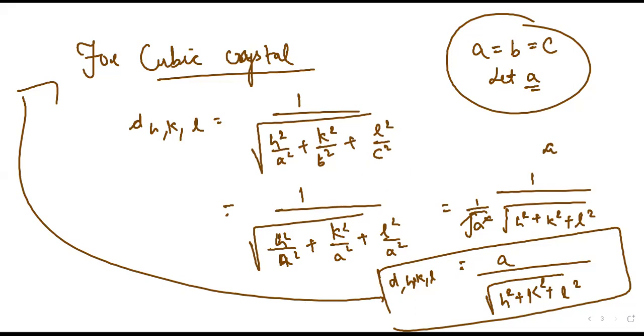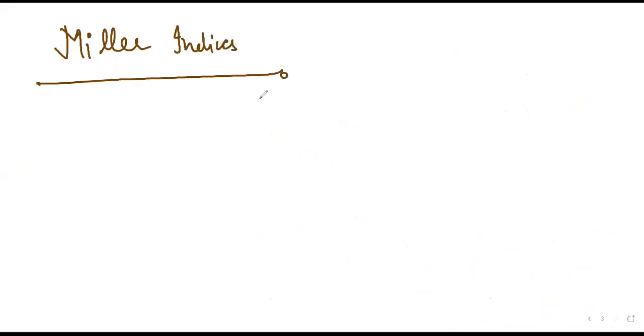Okay. So now, again, I am going to cover a very important topic for numericals, Miller indices. So let's do. No doubt. Okay, Devesh. So now we have Miller indices. To find the orientation of planes in the crystal, Miller indices is used. I already told you. It can be written in the form (h k l).